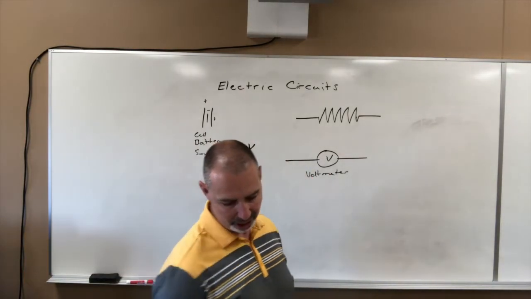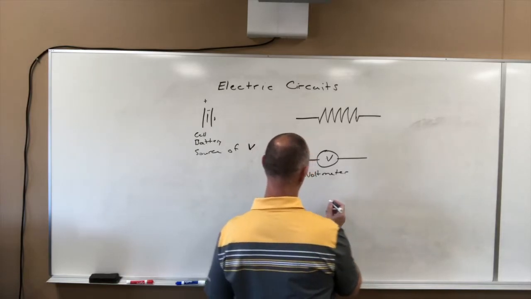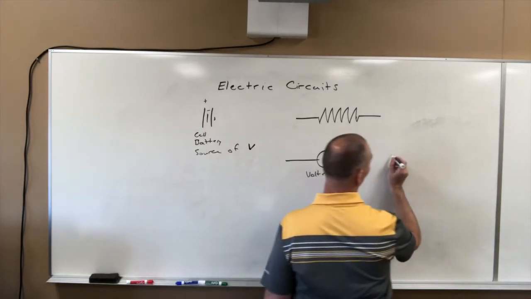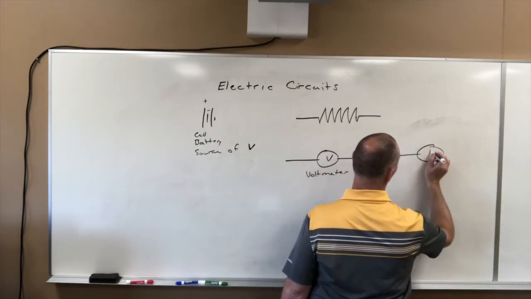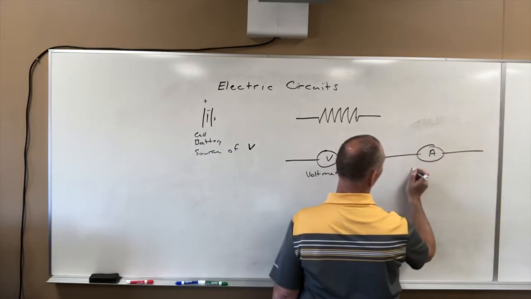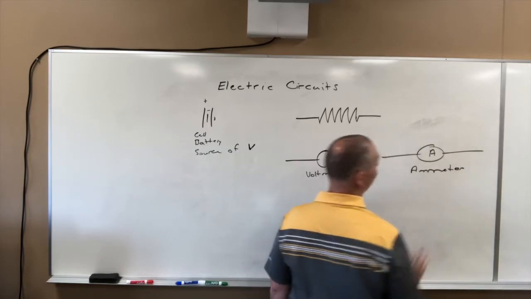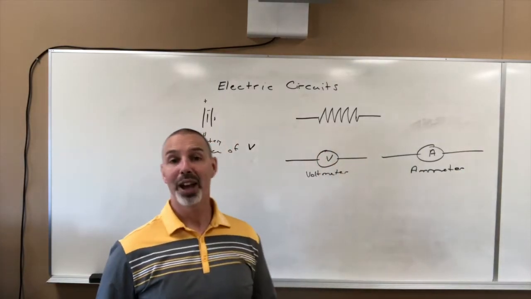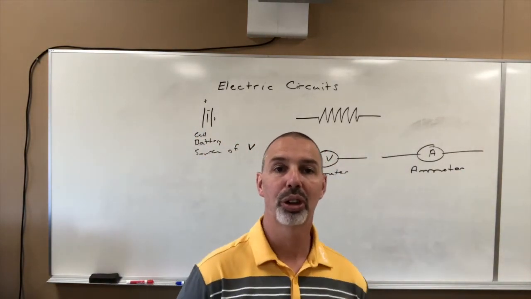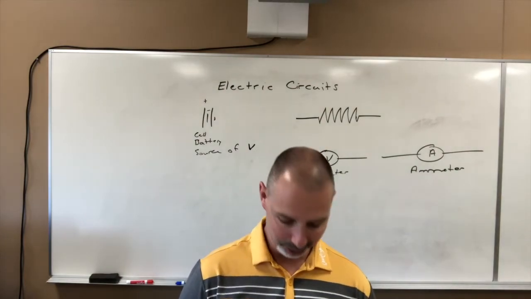And finally, the other one we're going to see regularly is a circle with an A in it, and that is an ammeter. An ammeter measures the amount of amps flowing through a circuit, so it measures current.